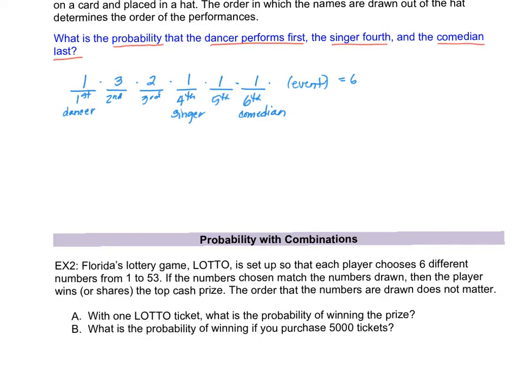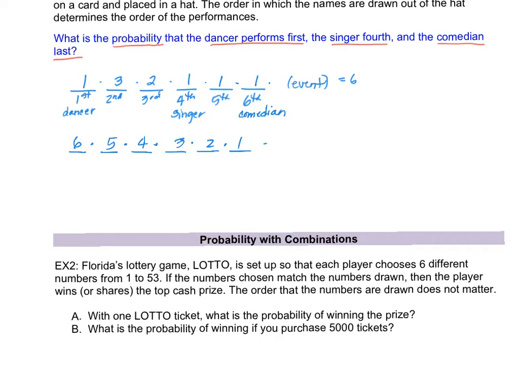Now in the denominator, it's all possible outcomes. So it would be all possible scheduling of the 6. Again, if you have 1, 2, 3, 4, 5, 6 performances, you have 6 choices for who's going to go first. Once you've chosen, you only have 5. It's going to turn out to be 6 factorial. Then once you've chosen your second performer, you have 4, and so on.